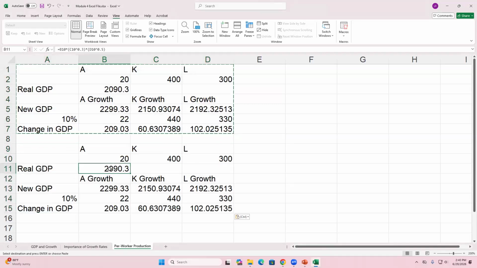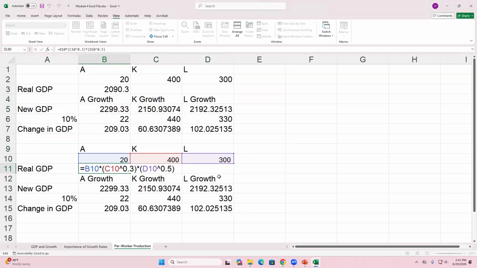But what we're now going to do is change this functional form. And instead of to the 0.3, we're going to take capital to the, let's say 0.6, and we're going to take labor to the 0.4. Okay. So I'll highlight why this matters here in a second.